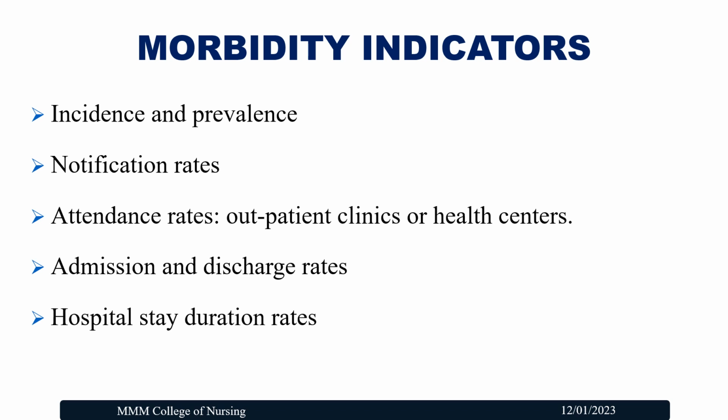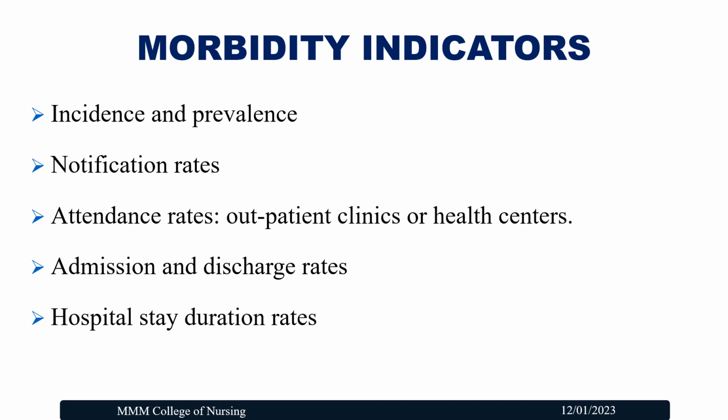What do incidence and prevalence mean? Incidence means new cases diagnosed in a particular period. Prevalence means the new and old cases, that is, the current status or the number of particular cases present in a country or in a state.